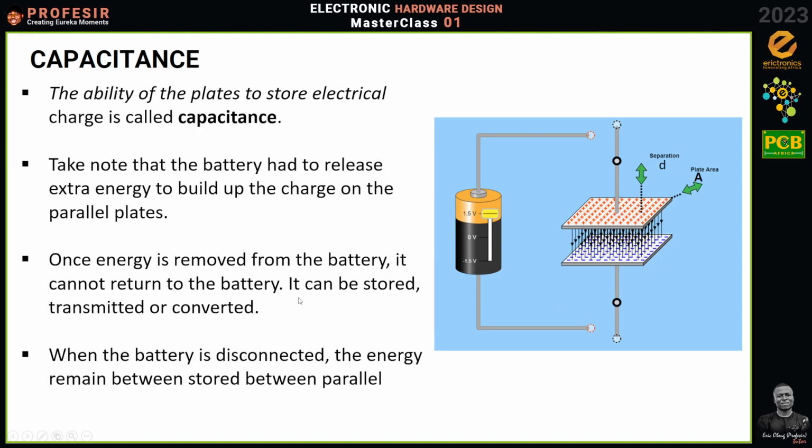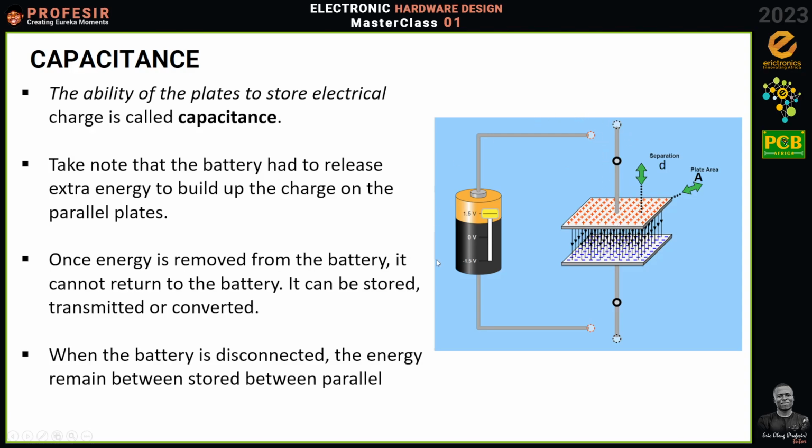So if the energy gets stored and it can't be taken back, that means the moment we disconnect this battery from the plates, the energy should still remain between the plates. It's not as if, when we disconnect, the energy will rush back into the battery.